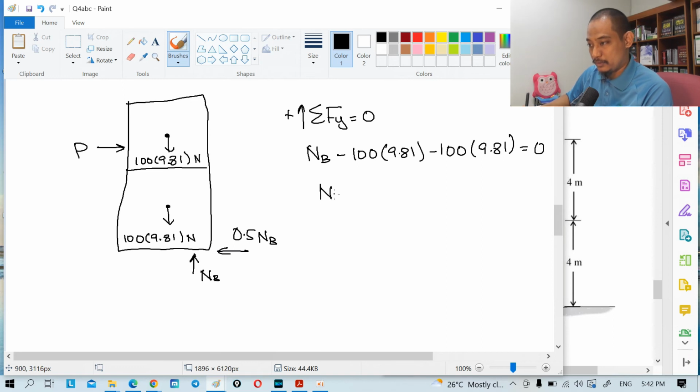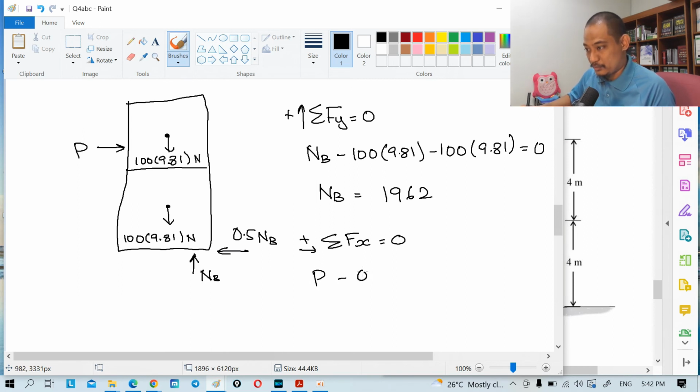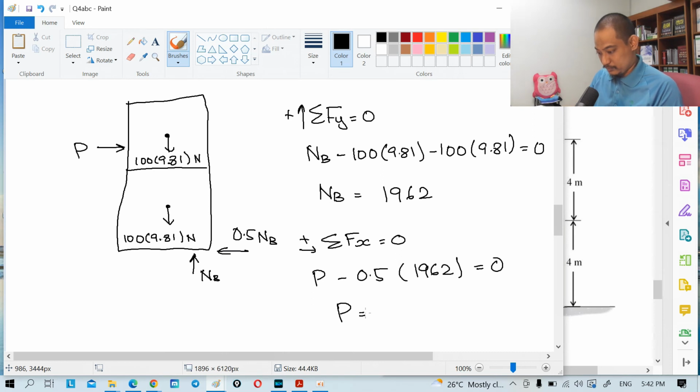So NB equal to 1962. Then summation of Fx equal to 0, taking positive to the right. So P minus 0.5 times 1962 equal to 0. So P equal to 981 Newton.